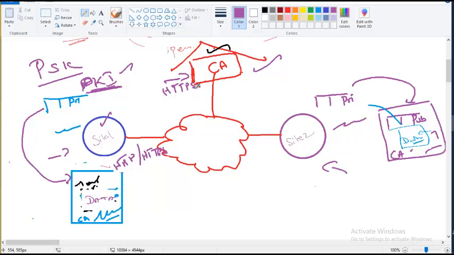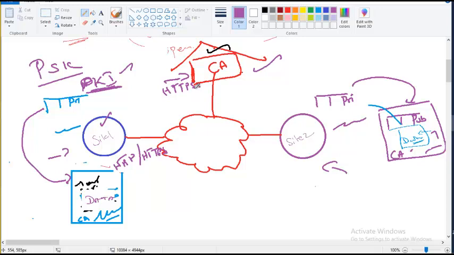Site 1 will request site 2. Site 1 will say, hey, you are configured as my neighbor. Do you have anything to share with me? And site 2 says, oh, here is the public key. Take my public key. They do it automatically. That is always my question about the PKI communication, because I didn't understand how the communication happens.